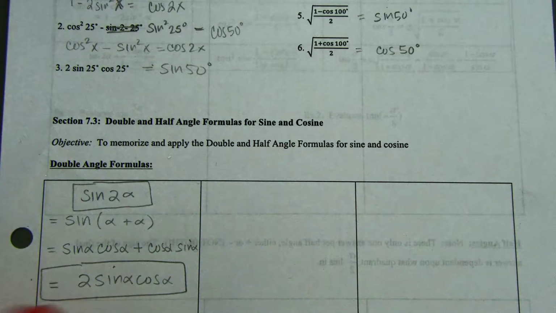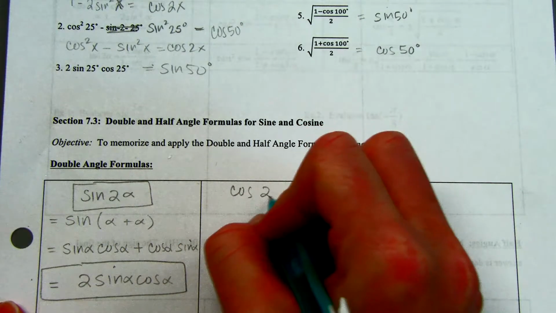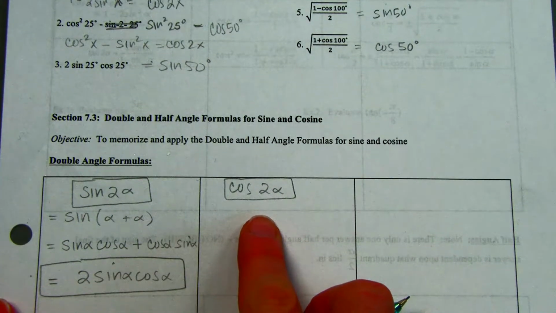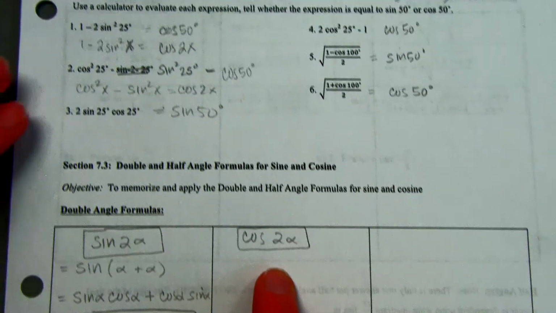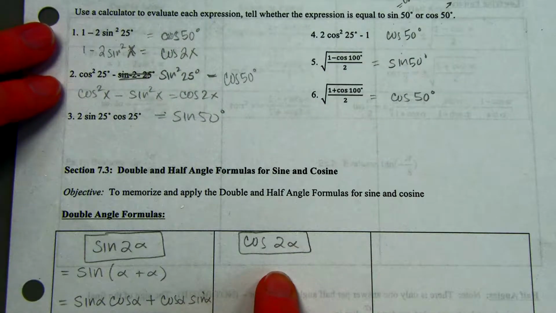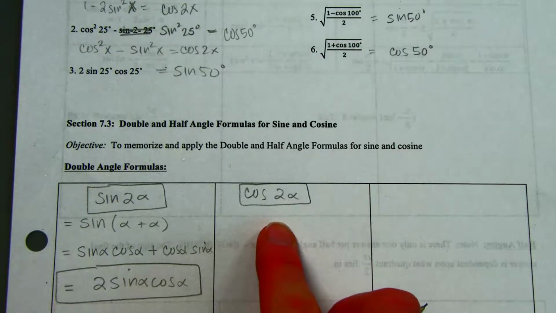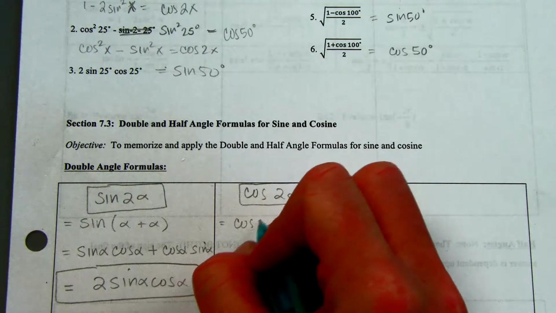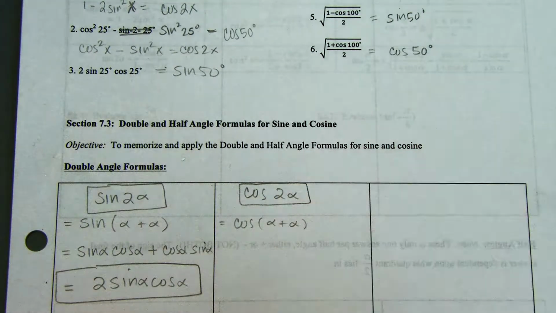Okay, so cosine 2 alpha, this one has a couple of different versions. So we saw 2 different versions here in number 1 and number 2. So there's actually 3 different versions that you can see. We're going to start deriving it in the same way that we did with the sine.